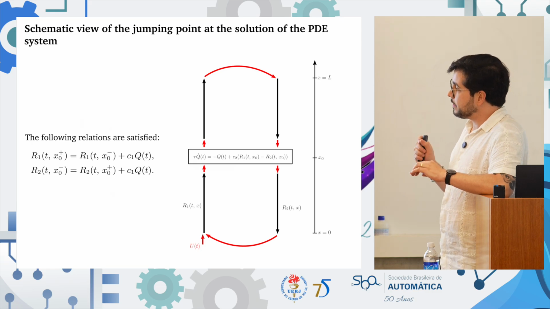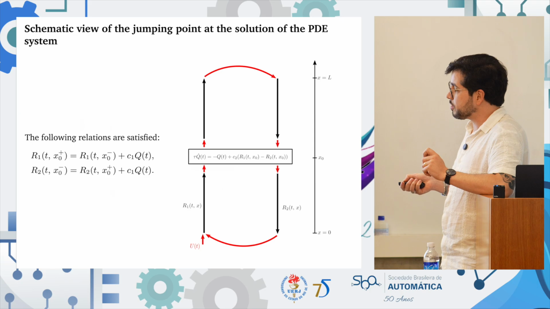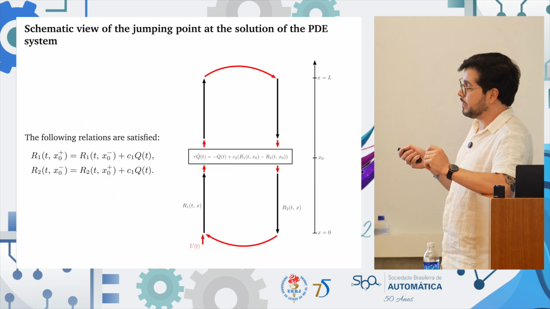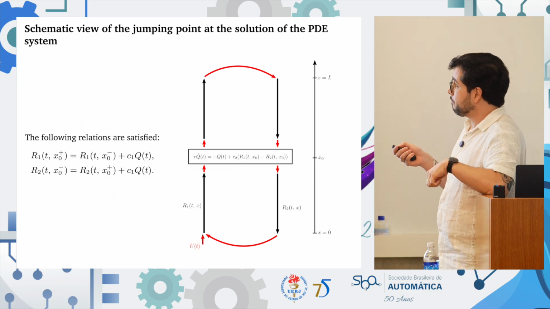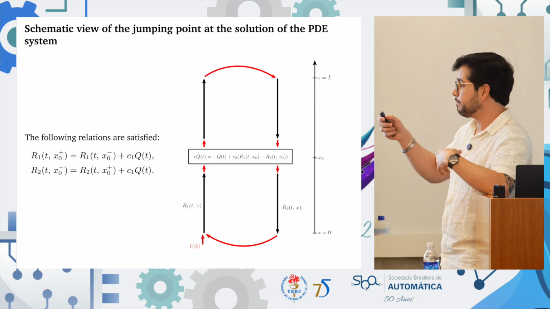We have this diagram that helps to understand what's happening in these coordinates. Basically we have both states, R1 and R2. So we are transporting the information from this boundary to the other boundary, the top of the tube. And this information is constant along the domain.